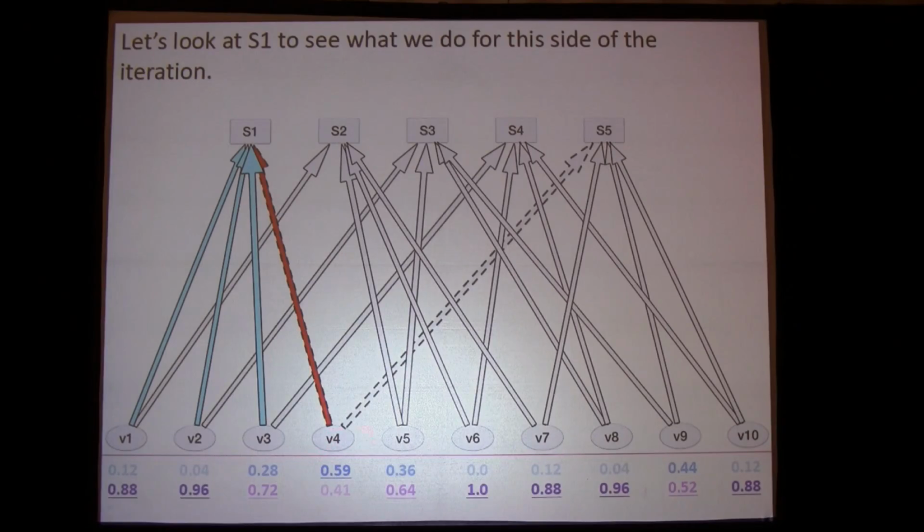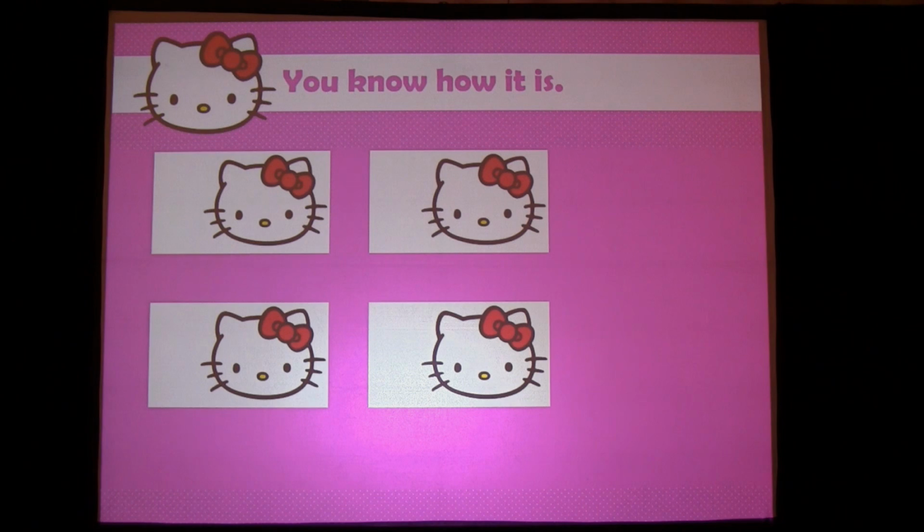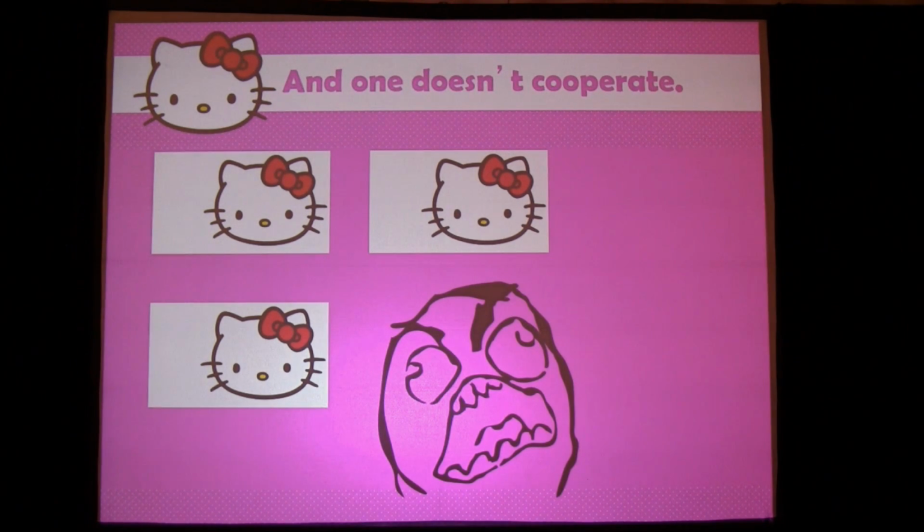And we kind of know that this one is not exactly right. So we have 3 high likelihoods, and we have one that's kind of maybe a little iffy. So you know how it is. You have an even number of children, and one doesn't really cooperate, like at the grocery store.